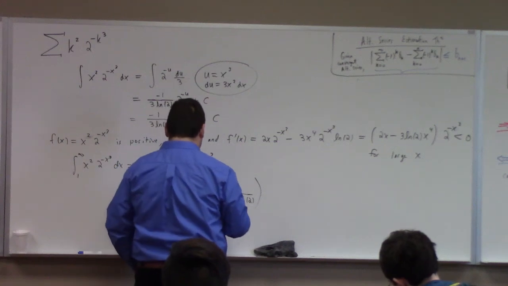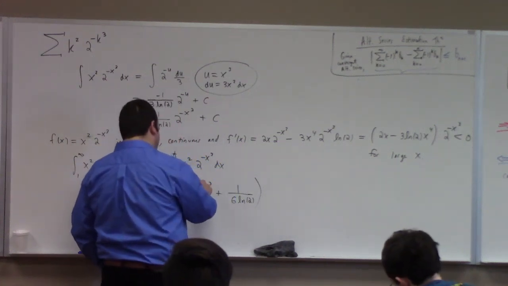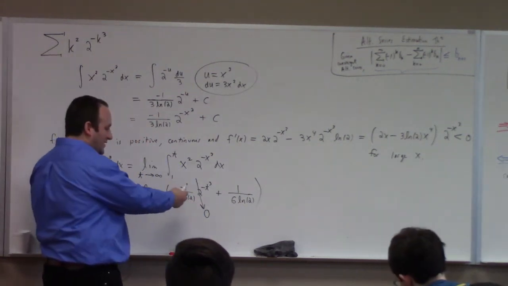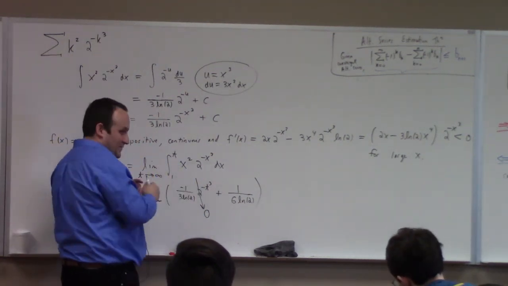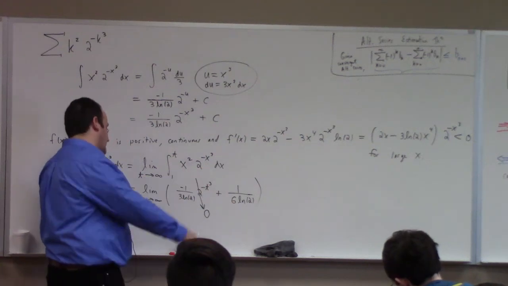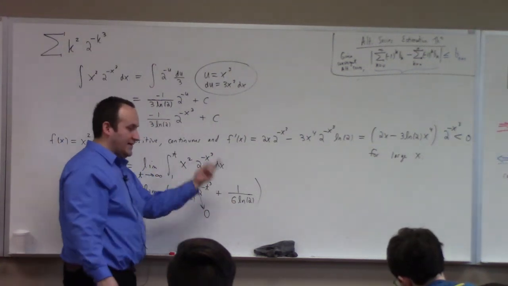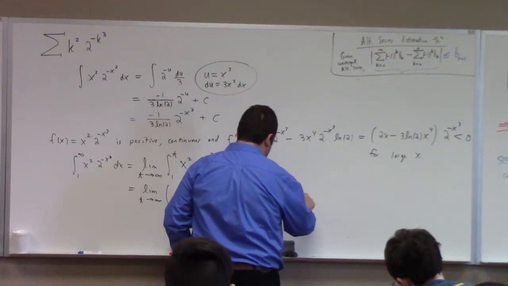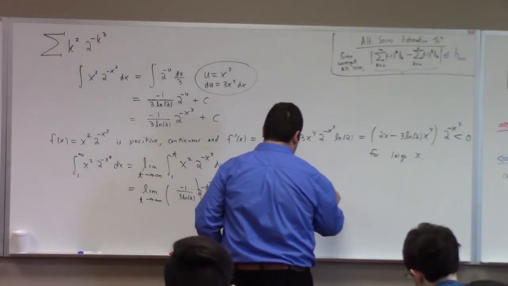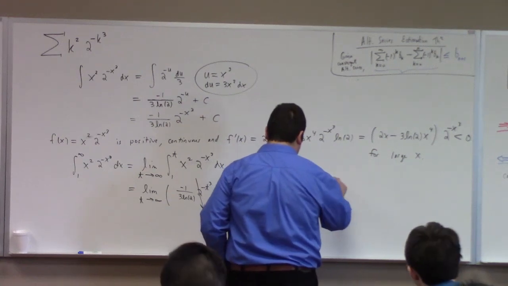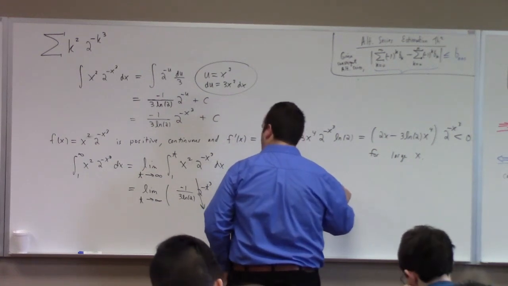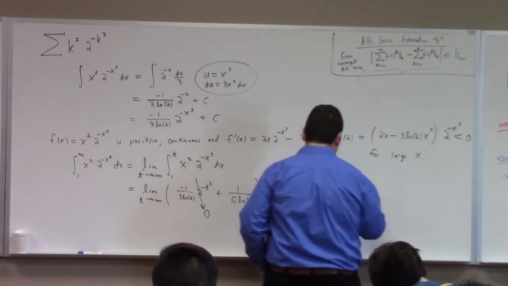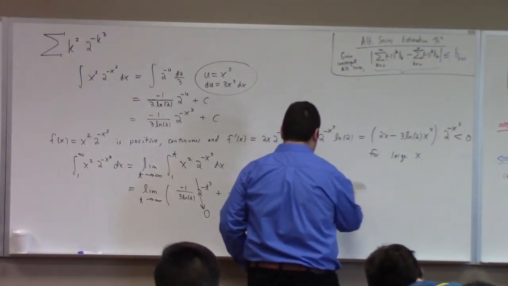Right, this goes to 0 because we're looking at 2 to a minus something huge, which goes to 0. And that's a constant. So the answer is 1 over 6 ln 2, which, by the way, is a constant, right? So the integral converges. Be precise here.